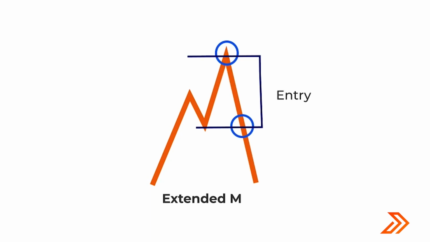For the extended M, it literally means that price keeps going up, but once this new high is formed, if you notice, there is a push above this high, which means there are orders here, orders of traders that have been liquidated by the dealers.